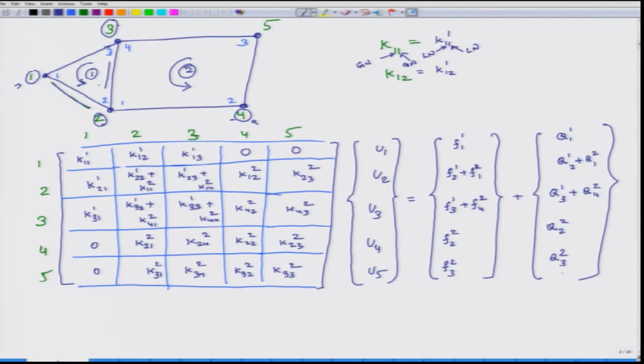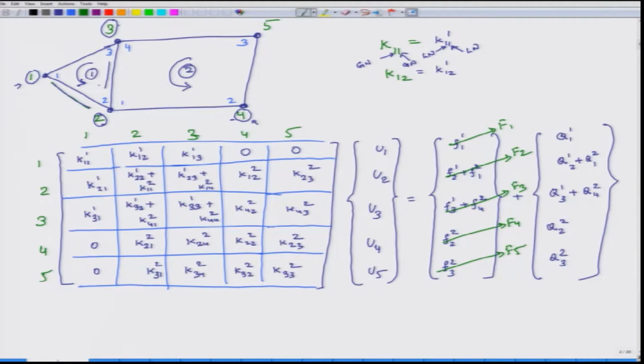Okay. Now, excuse me, this is same as F1, this is same as F2, this is same as F3, this is same as F4, this is same as F5. Okay.